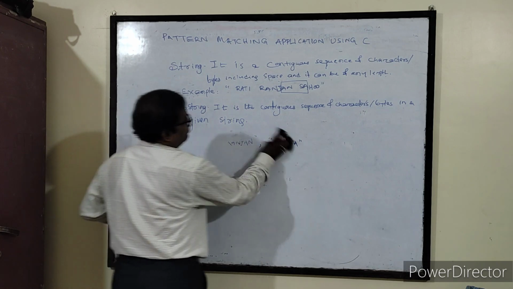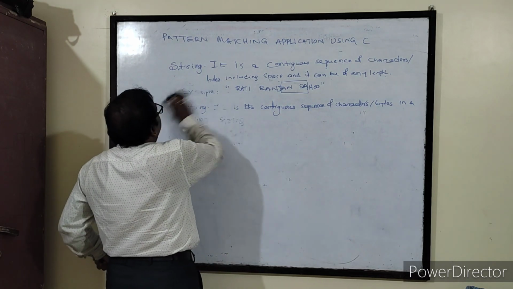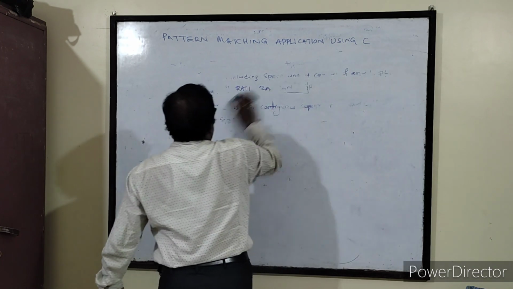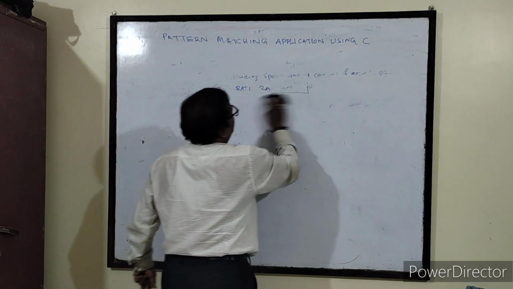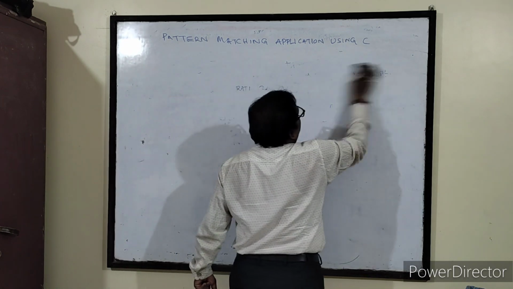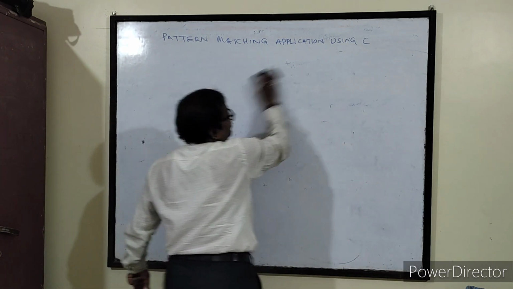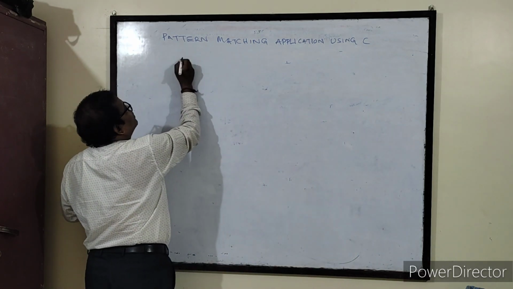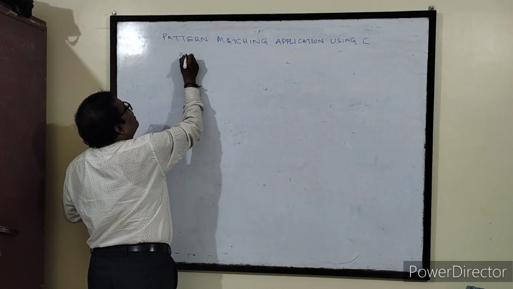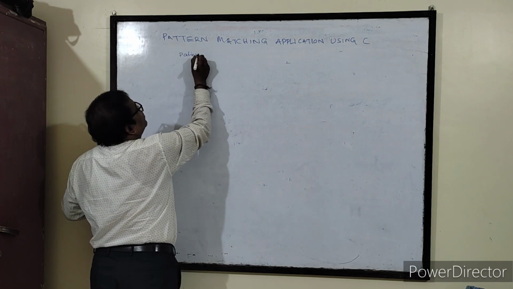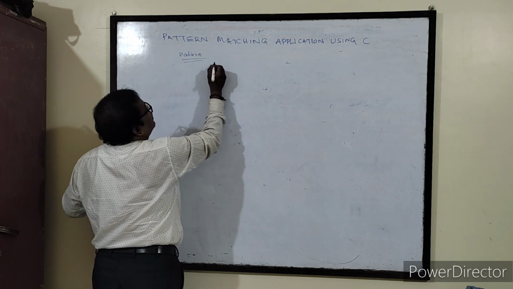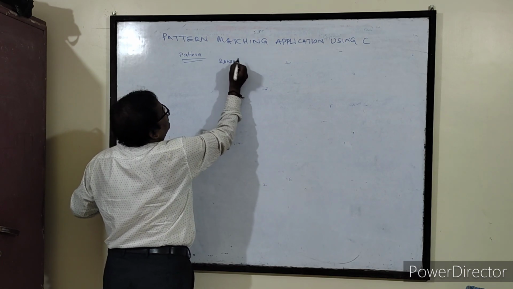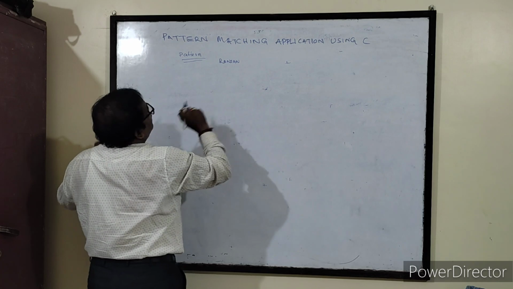Let me explain how I do this particular program in C. First of all, let me explain the pattern here. If I say Ranjan is the pattern, okay.